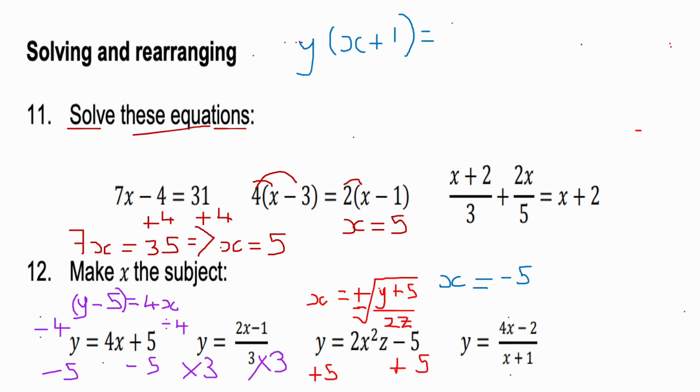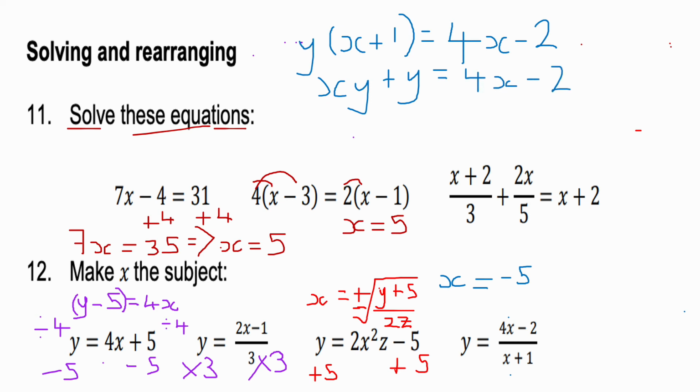Timesing top and bottom by x plus 1 gets rid of this x plus 1 on the denominator, and this is what I'm left with. If I expand this bracket, y times x is xy or yx, and then y times positive 1 is plus y, is equal to 4x minus 2.